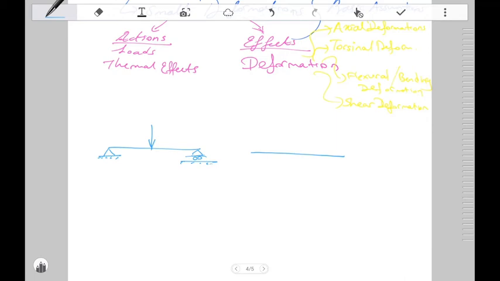So we draw a moment diagram, right? That's the moment. And because of that internal moment, we see deformation in the structure.